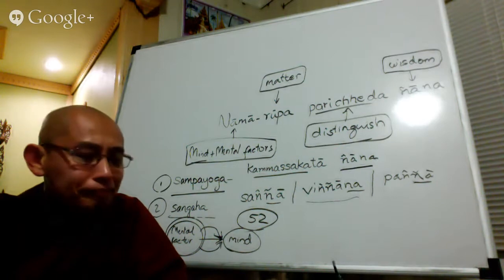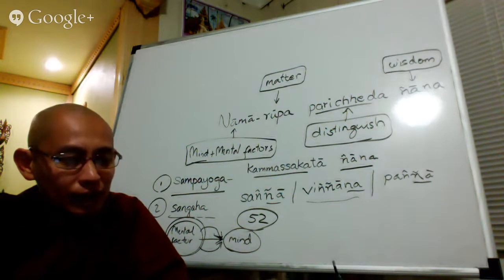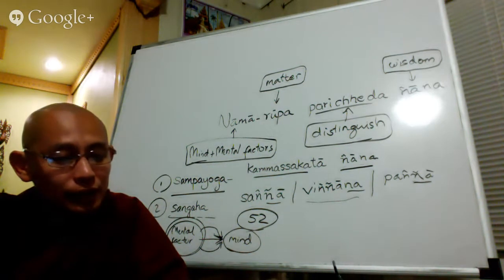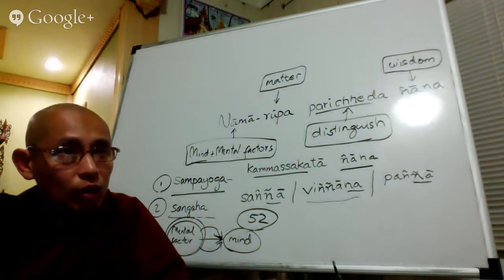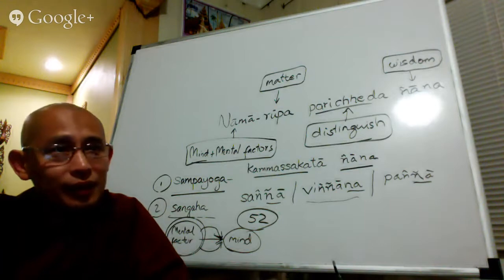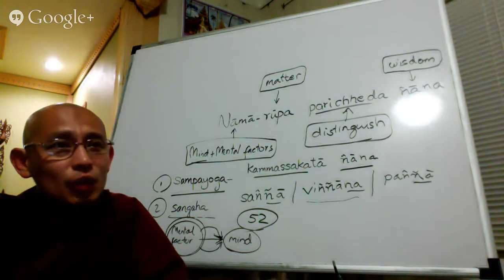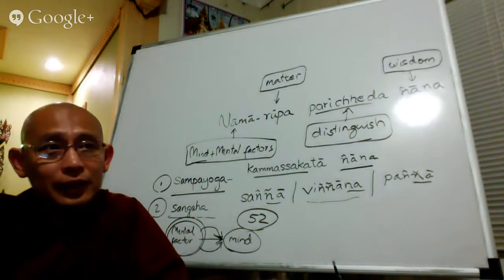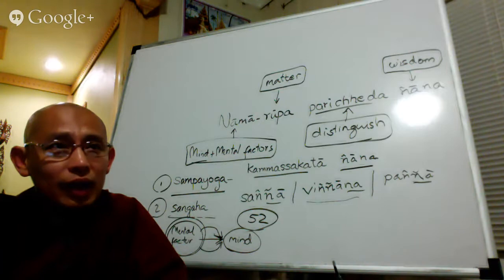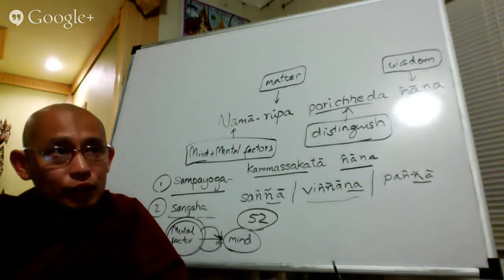Next one is kamavachara cheta, sense sphere consciousness. Totally 24, but here 12, because not all 24 are with pleasant feeling. 12 are with pleasant feeling and 12 are with neutral feeling.